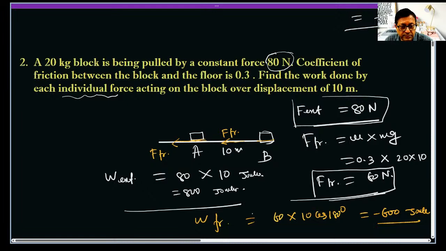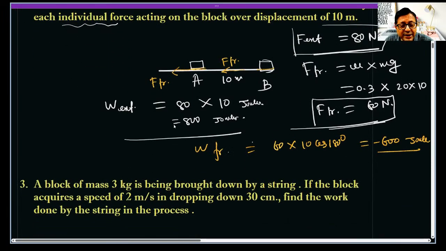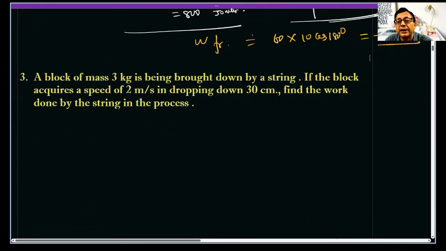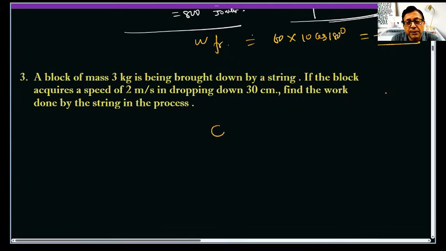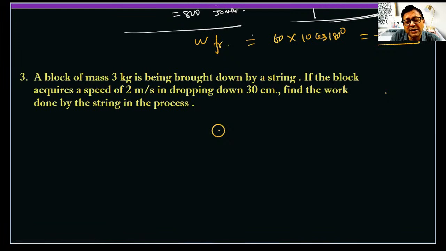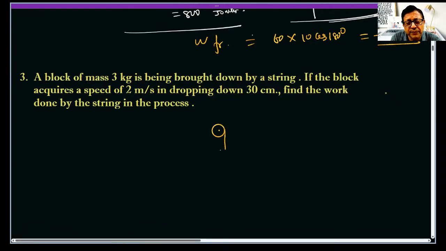Just work done by the force, work done against the force. Next one, you see, a block of mass 3 kg is being brought down by a string. A pulley must be there; without a pulley it is not possible. Let us assume that with the help of this pulley you are taking it down.